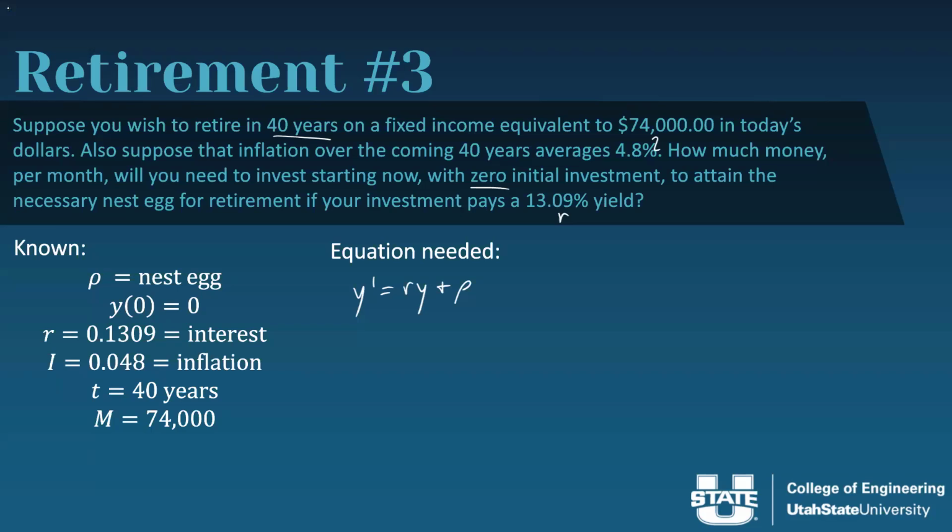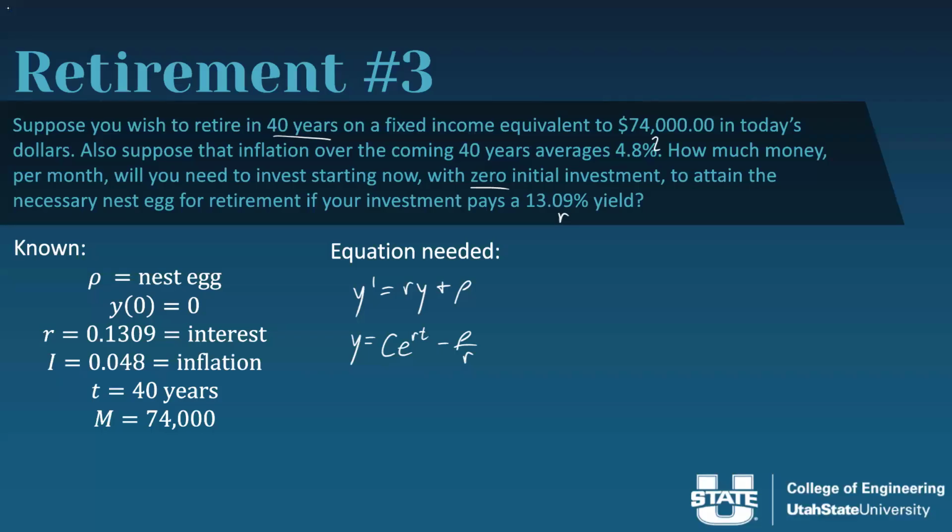Okay. And then as we noted before, our solution is going to be the same as last time, where we have our c e to the rt. But this time, if you work through and solve it, because our rho sign is different, the sign in the solution is also opposite, right?